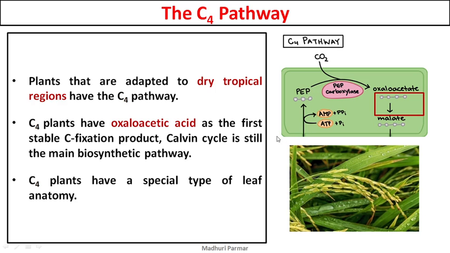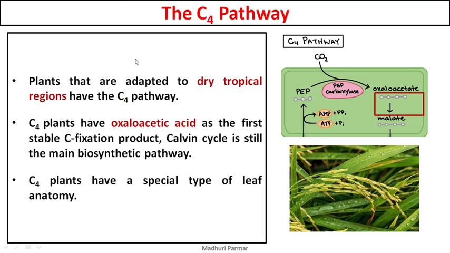Now remember, we had discussed that scientists were curious, does every plant have first stable molecule as phosphoglycerate? So the answer is no. We had also seen that the first stable molecule can be oxaloacetate, which is a 4-carbon compound.